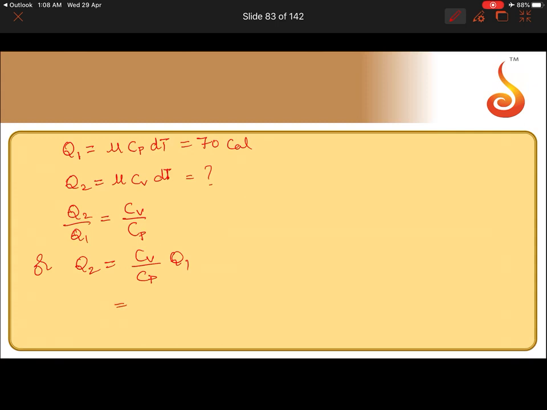Cv by Cp is 1 by gamma for the gas, Cp by Cv is gamma, so Cv by Cp is 1 by gamma into 70.